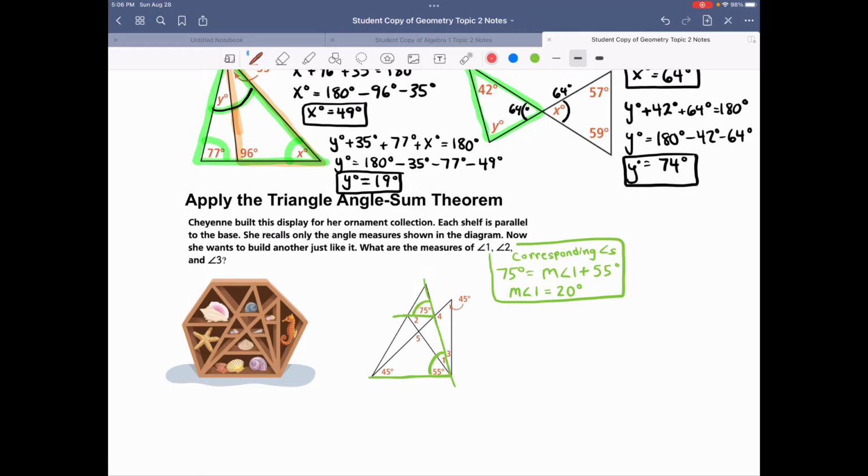All right, now I'm going to use a different color, which is blue, to figure out what angle 2 is.